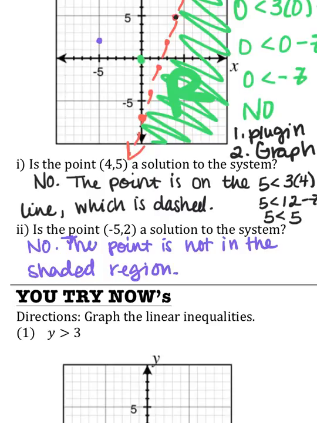Again, you can also just plug it in and talk about the inequality if you're more comfortable with that. So you could plug in your point, 2 less than 3 times negative 5 minus 7, and that would give you 2 is less than negative 22, which is false. So you could also talk about that inequality not being true. Either one.